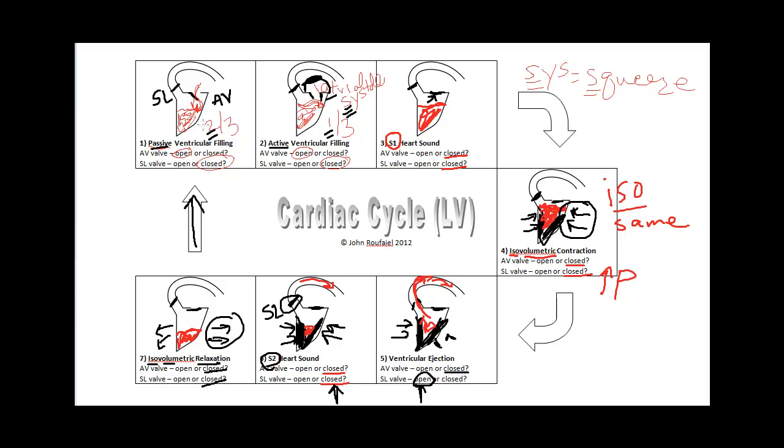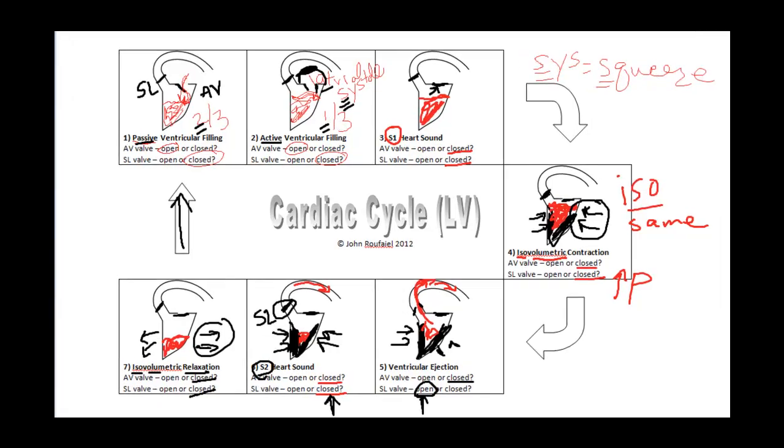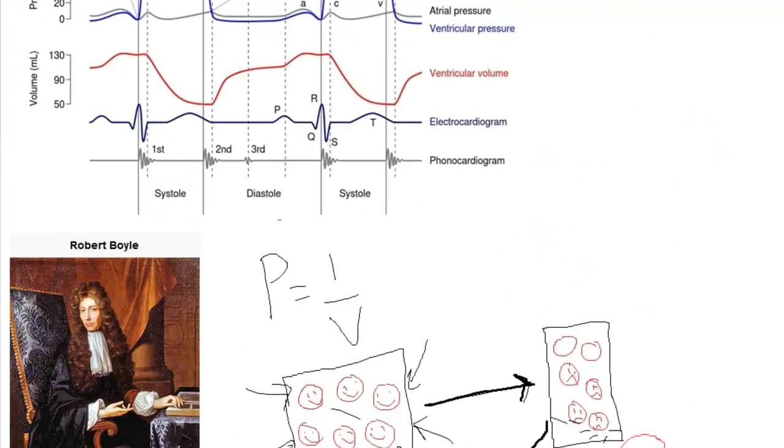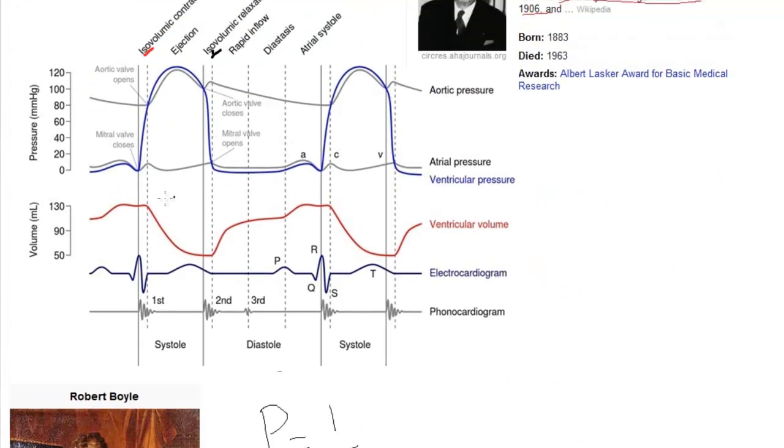So now let's relate this diagram to the graph, the part you want to get down to. Let's look at number one, passive filling versus active filling. We're going to fill up 2/3 first passively and then 1/3 next actively. So we'll go up, and let's say we start up right here.